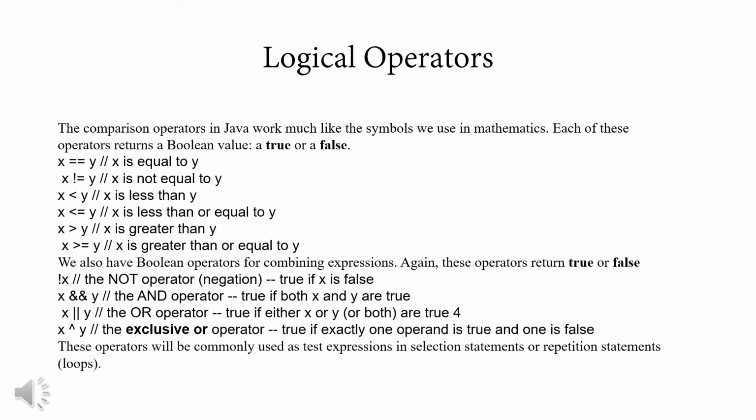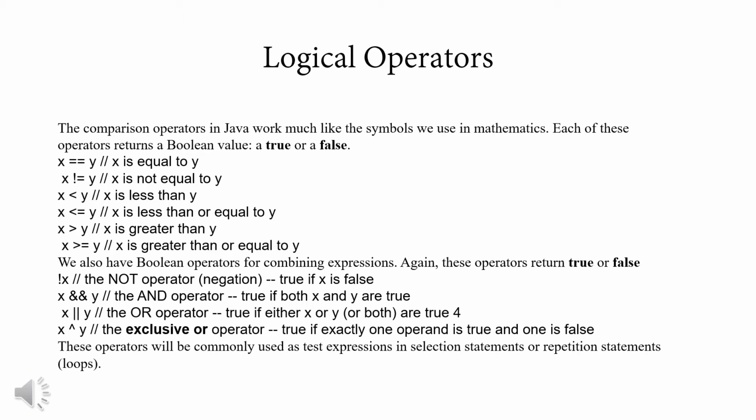Logical operators can be categorized into comparison operators and Boolean operators. Comparison operators compare the values of two variables and return true or false. For example, is equal to, is not equal to, is less than or equal to, is greater than or equal to. So they are the comparison operators.